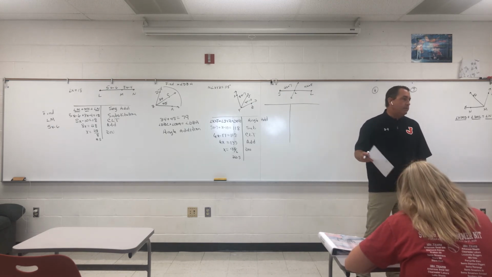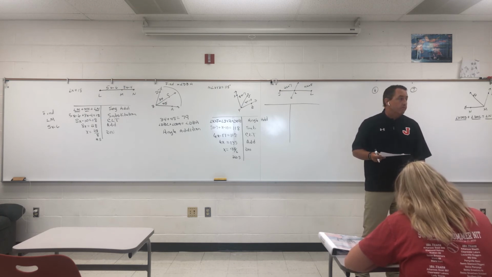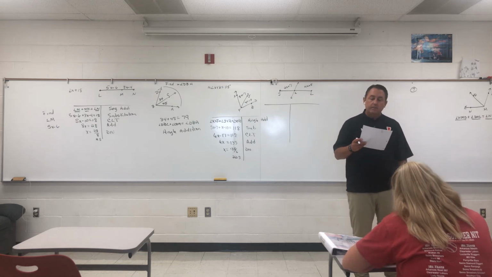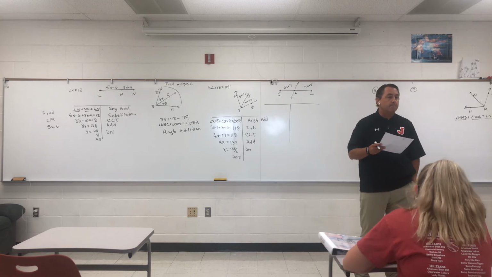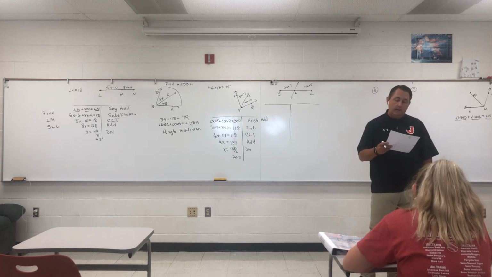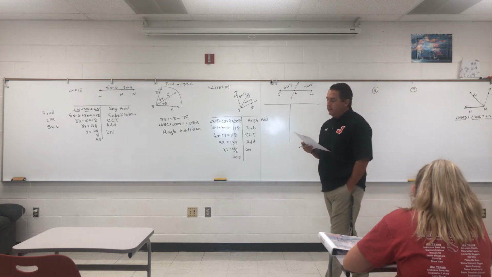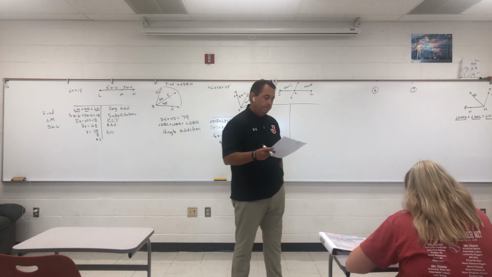Now, not to get too fancy, but if it's an angle bisector, what do you think it's cutting in half? An angle. An angle bisector is a, so look at that picture. What would you call CB? A ray. Yep. An angle bisector is a ray that divides the angle into 2 congruent angles.